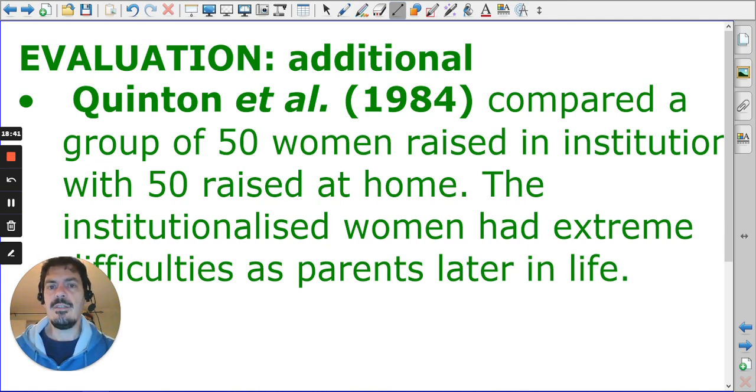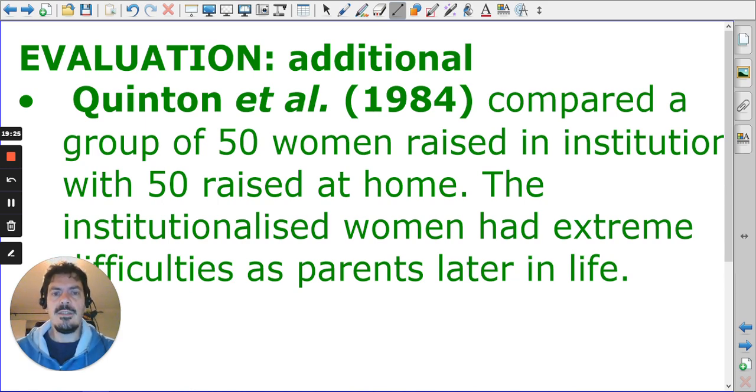Just to finish with, there are a few other studies that have told us a few things. For example, Quinton studied a group of women who were seen as lacking in mental capacity, but they were very loving and caring, and the children who were with them thrived. So it seems that intellectual stimulation is not the only part of your outcome, and we need to consider that there's a lot more to care than you thought.